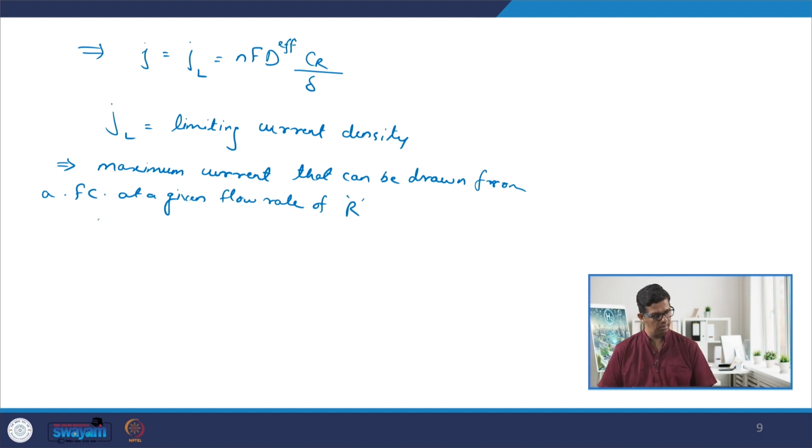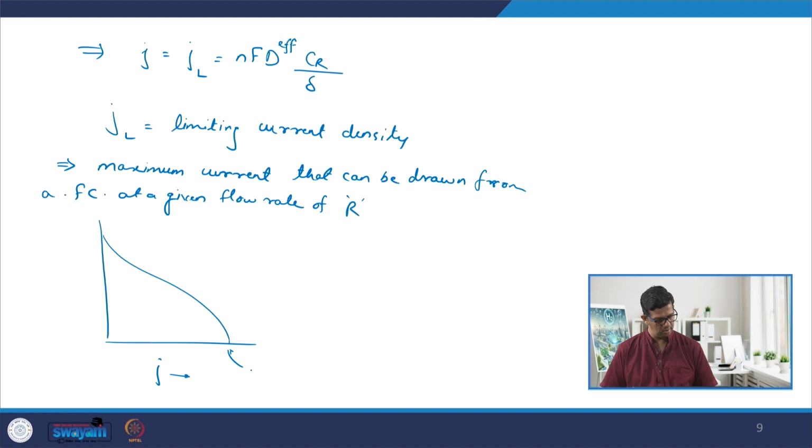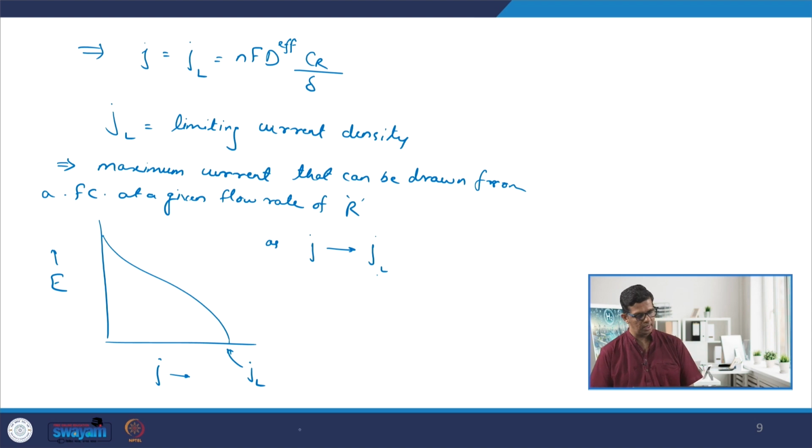So, what does it mean? Let us draw a characteristic curve. This is J and this is JL, there is a limiting current density. So, as J approaches JL, in other words, as and when we draw more and more current from the cell and approach the maximum current that we can draw, the potential almost reaches 0 volt.